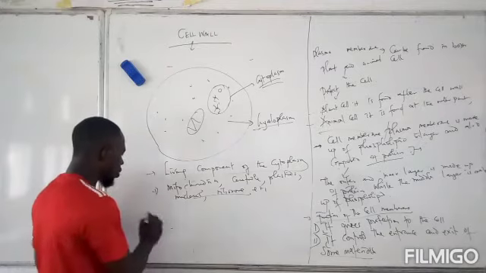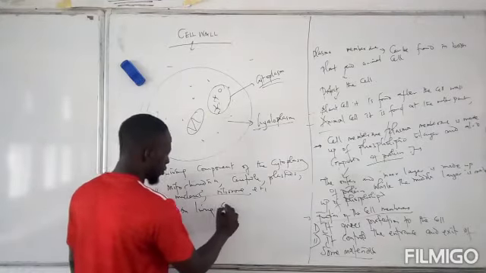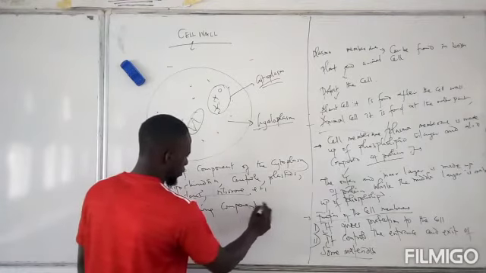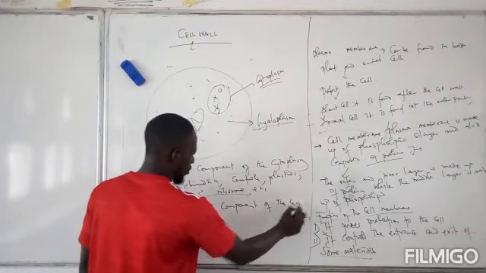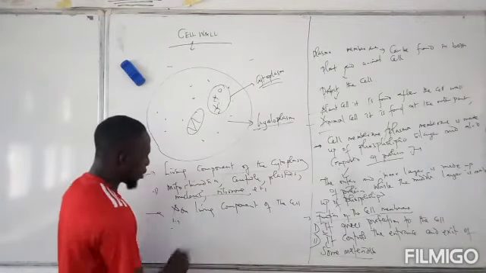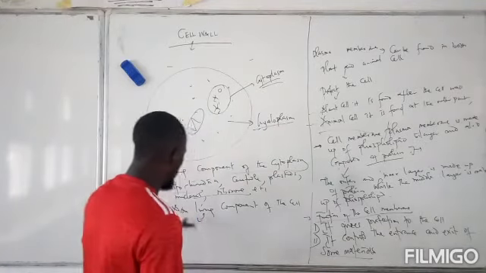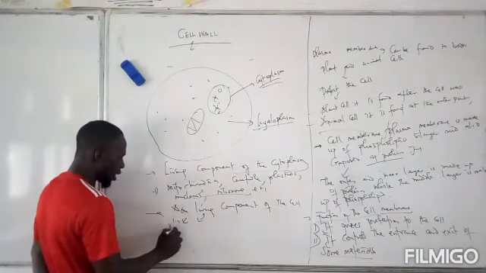So the non-living component of the cell can be divided into two. We have the organic component and the inorganic component. In the non-living, we have the inorganic component.